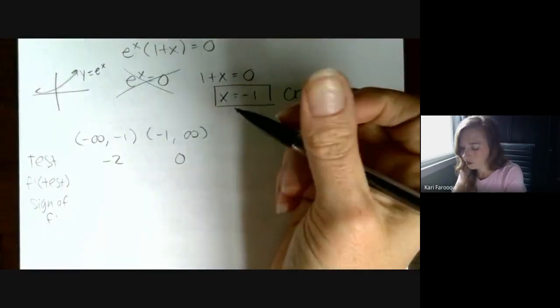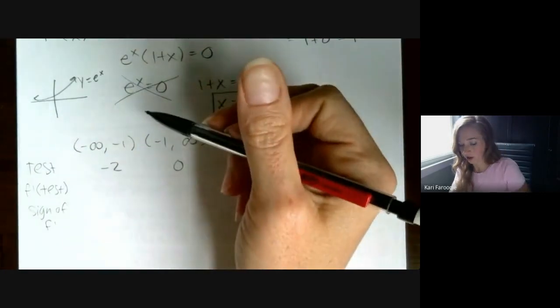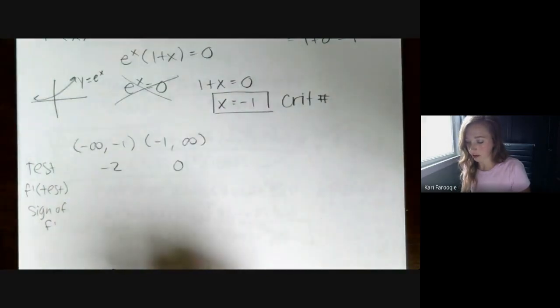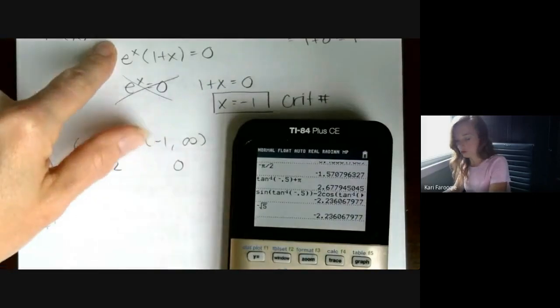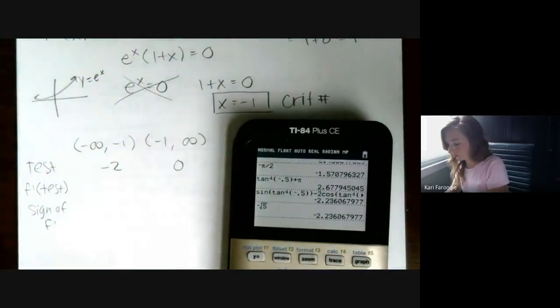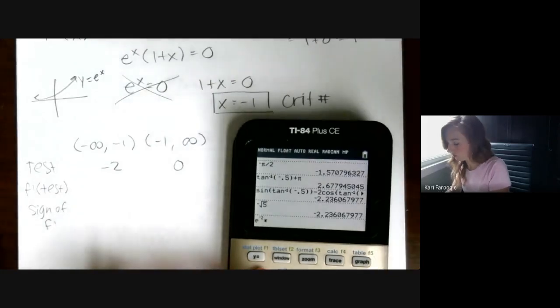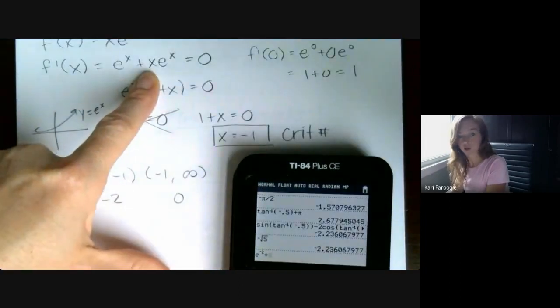First of all, e to the x is going to be positive regardless of what x ends up being, so I don't need to worry too much about that. But I am just going to use my derivative, and I'm just going to say e to the -2 plus -2 e to the -2.